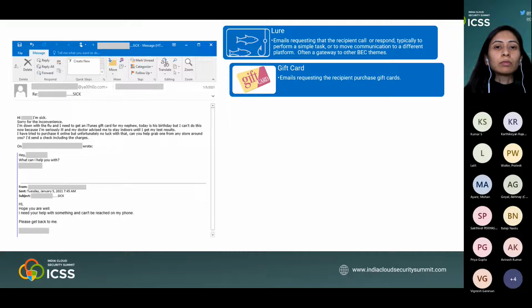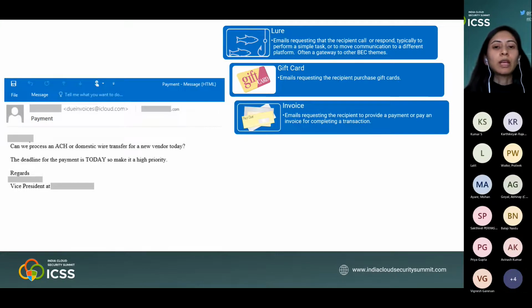An example is, hey, my team has performed great on a feature released recently, and I want to thank the team, so can you please go and purchase this gift card for me? Again, showcasing a sense of urgency, and saying, I'll pay you later if you do this for me right now.